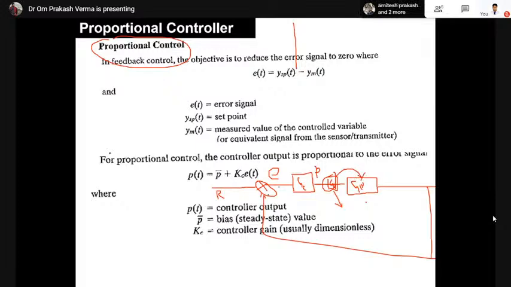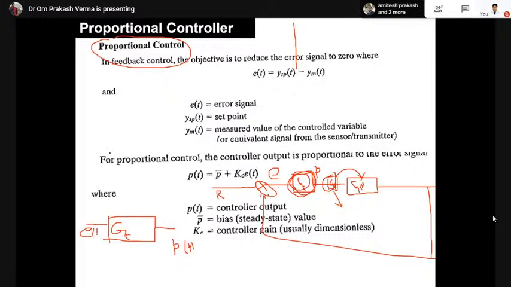So the input of the controller G_C is the error, and the output is the signal P(t). This is what I want to mention here.